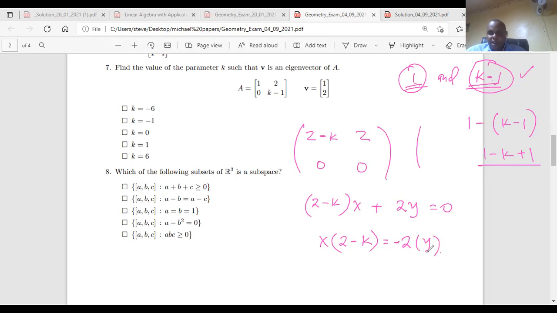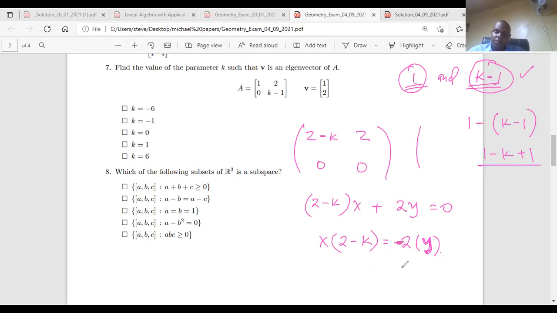Now let y be 2. Let y be negative 1. So it becomes 2. Therefore, 2 minus k times x equals 2. Wait. Let x be 1.